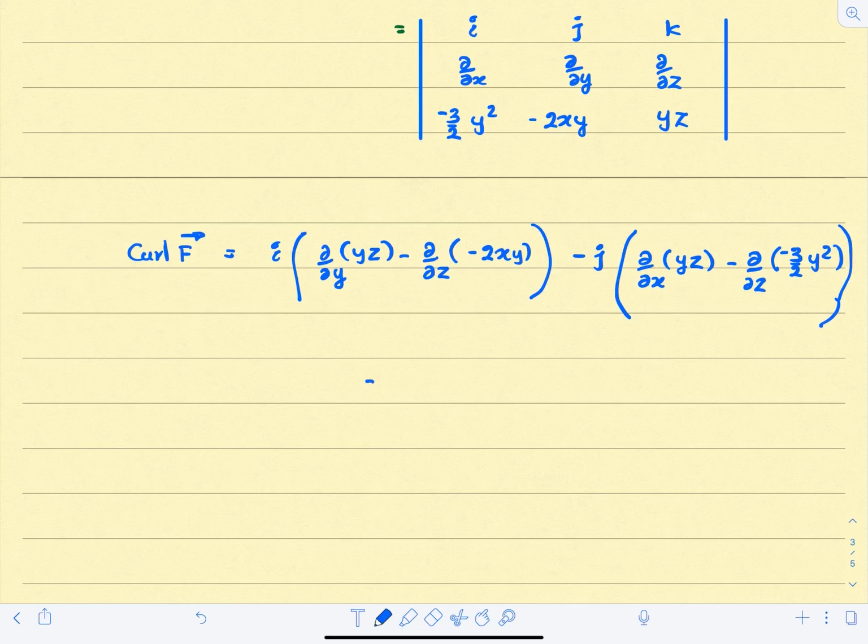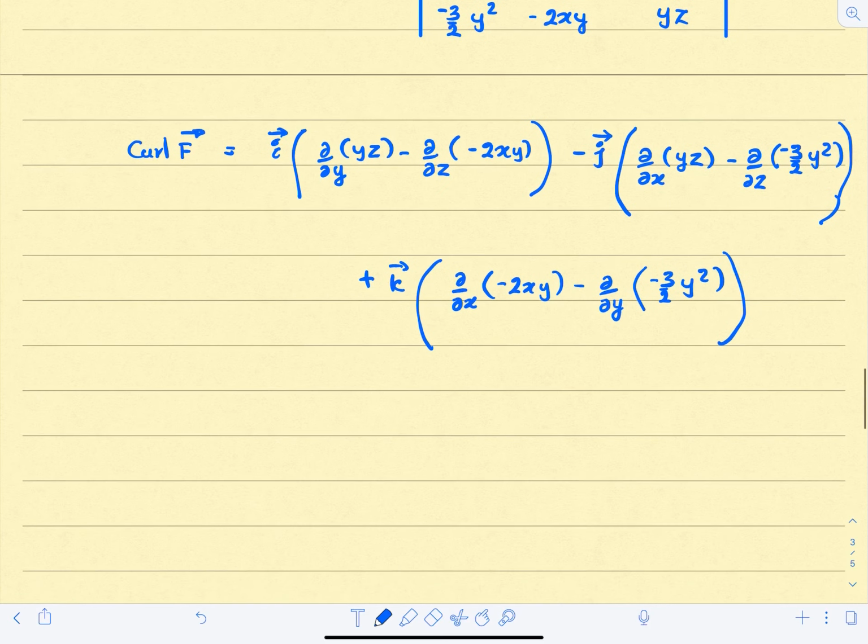Finally, the last component equals partial over partial x of negative 2xy minus partial over partial y of negative 3/2 y squared. Now let's take this partial derivative with respect to y.